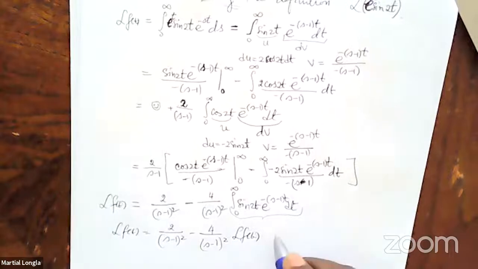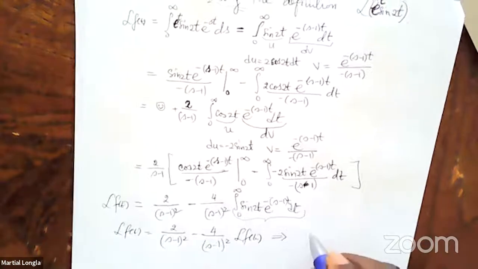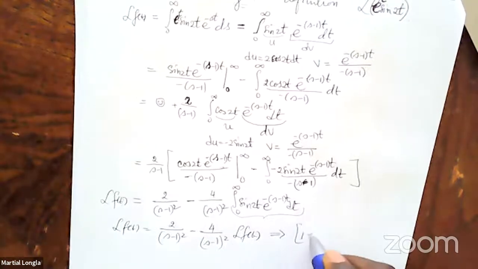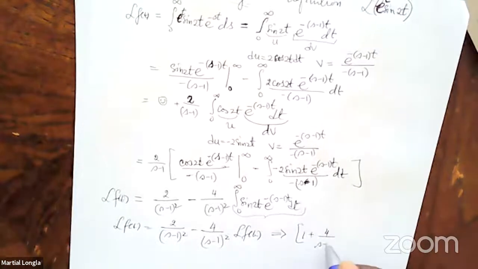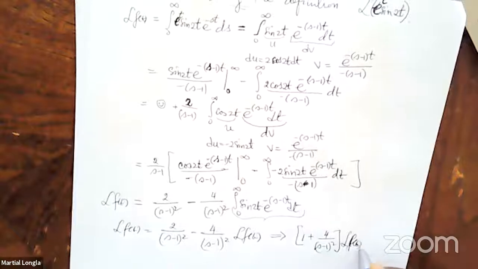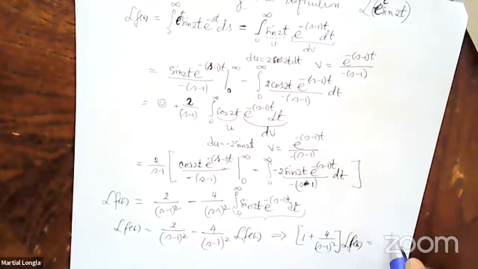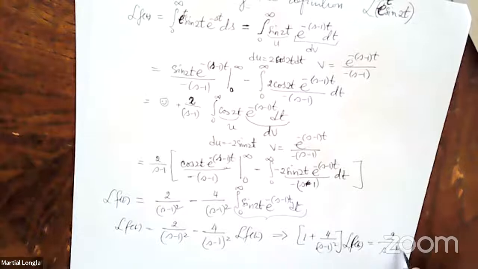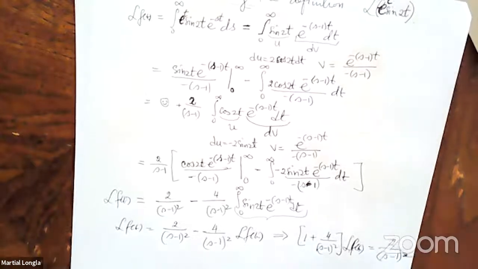Now you can bring it back to the other side. You get 1 plus 4 over s minus 1 squared, times the Laplace transform of f of t, equals 2 over s minus 1 squared.